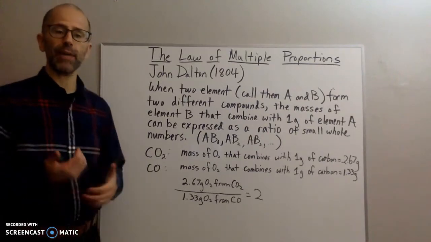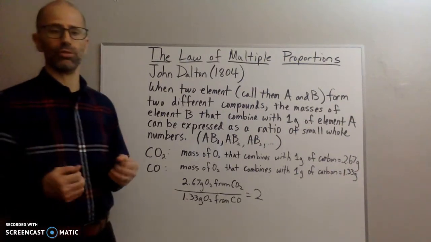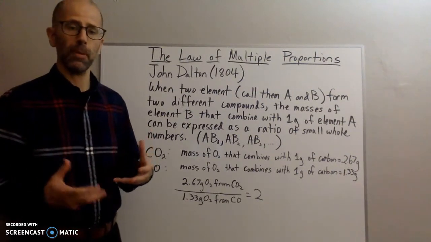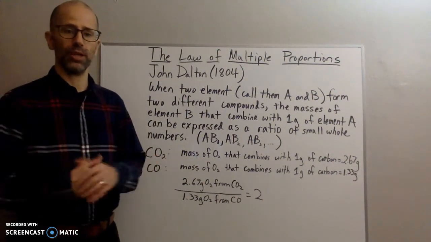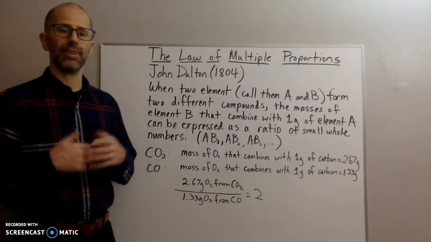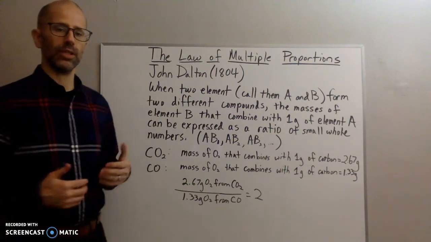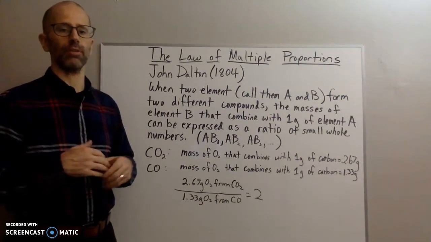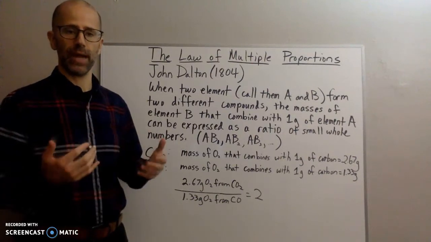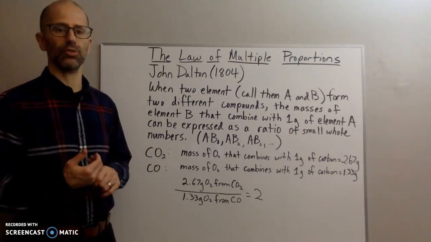Just a quick recap on laws and theories. Remember, a law is a general statement of what we observe. The law doesn't try to explain anything. It's just an observation. The theory is what tries to explain what we observe. So in this case, we have three main observations. We have the observation of the conservation of mass, that mass is not destroyed.